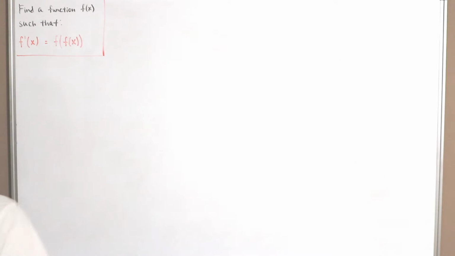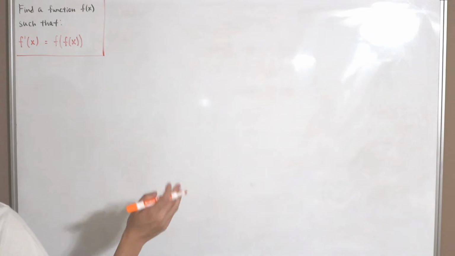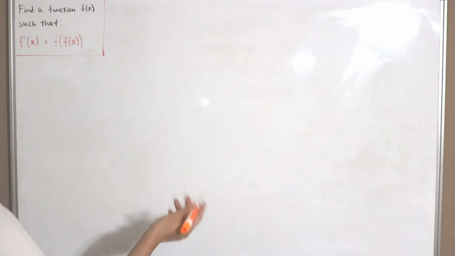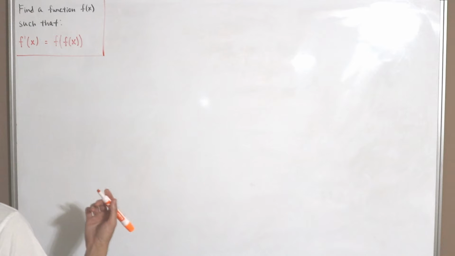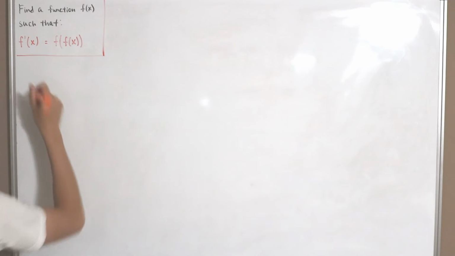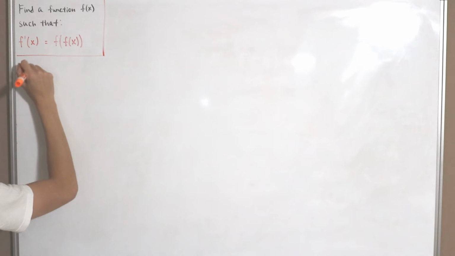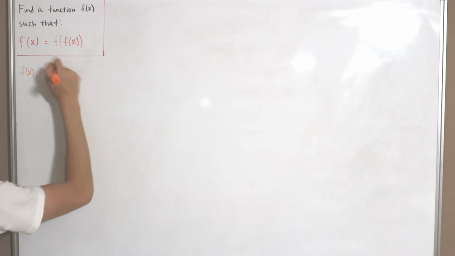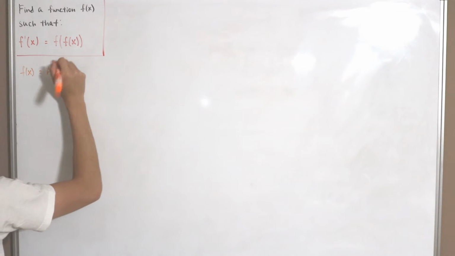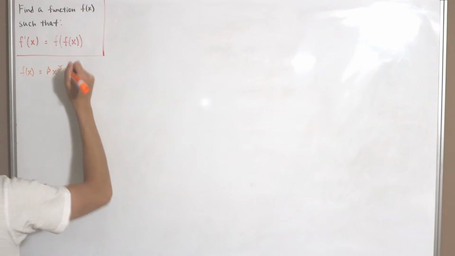So typically when we're making a guess of a function to satisfy this differential equation, generally polynomials are the way to go. So of course we can write f of x and set that equal to beta times x to the power lowercase gamma.